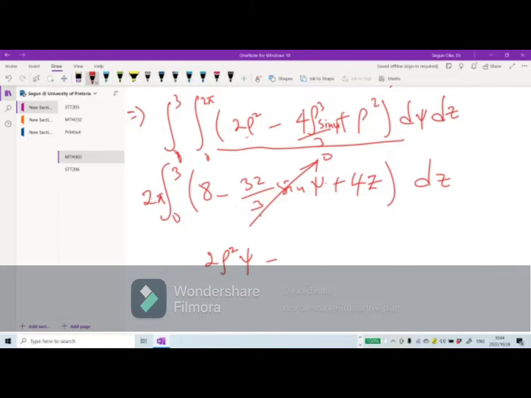When you integrate sine, what do you have? You don't know? Please find out. Then when you integrate this one, find out. Plus, when you integrate this one, this is 4 psi, and I have 0 to 2 pi. If I substitute 2 pi here, that's where I factorize this one out. So at the end of the day, you have this.